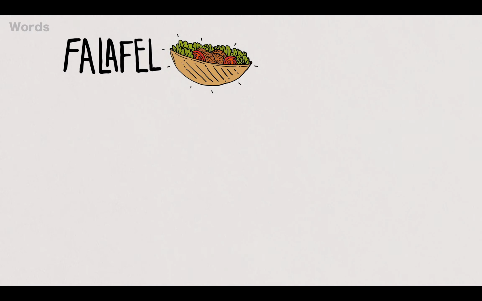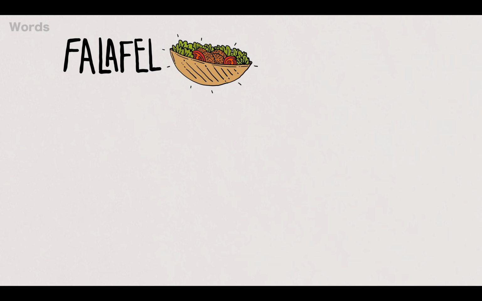Let's take, for example, a word that most of you know and love, a famous Israeli dish called falafel. We're going to analyze this word in English and then in Hebrew. We're going to recognize the consonants, the vowels, and the kind of syllables, saying if each is an open syllable or a closed syllable.